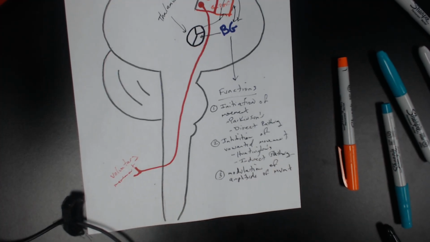Does anybody know what I mean by amplitude? Like how big something is, or how small something is, or the size of the movement in general. Okay. And an example of that would be if I wanted to erase just one word up on the board.